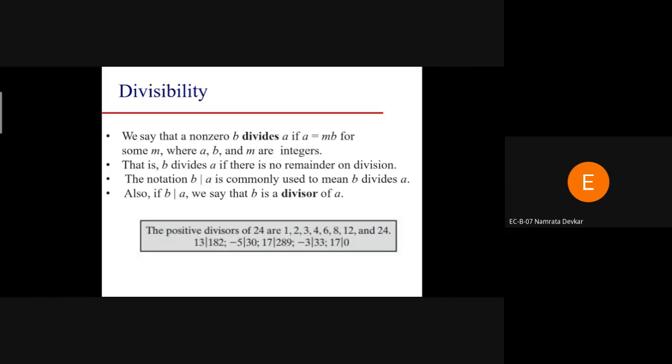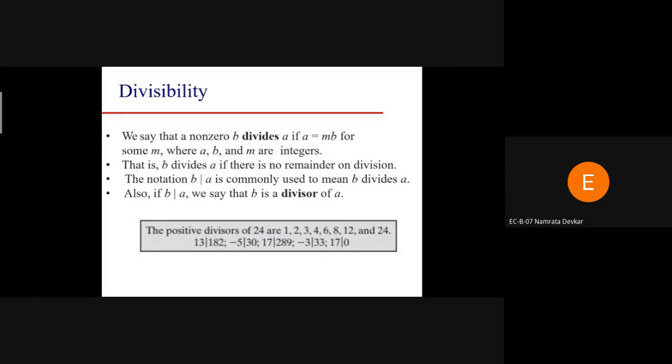That positive integer is divided by some other integer, and that is called divisibility. If the number is completely divided, there should be zero remainder. If the remainder is zero, we can write a equals m times b.